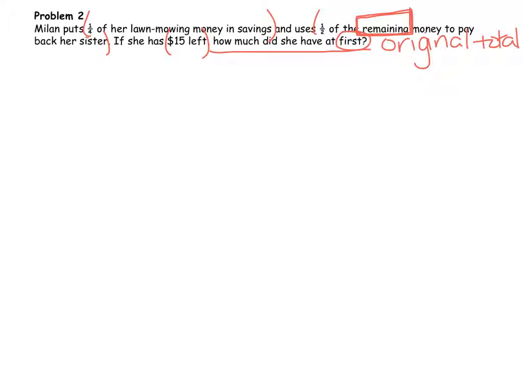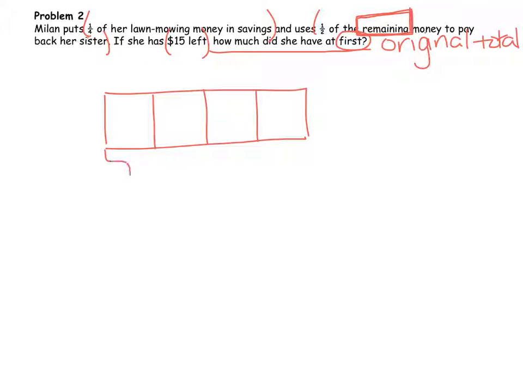So let's think. Let's start with a model. So I'm going to pay attention to what I have first. 1/4 of her lawn mowing money is in savings. So here is my savings. Okay.